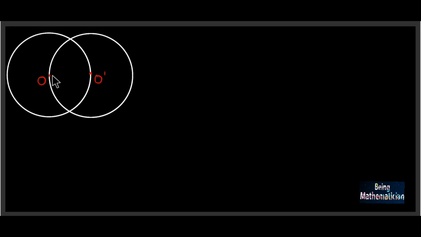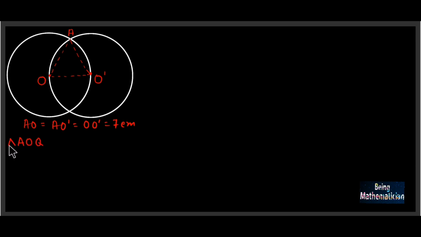So at first we have to join O dash. Now let us assume that this is A. So AO is equal to AO dash is equal to OO dash is 7 centimeter, because these lines are the radius of the circle. So triangle AOO dash is an equilateral triangle.